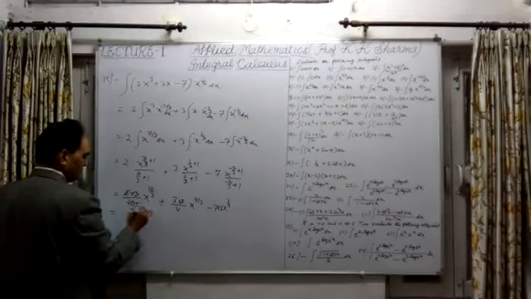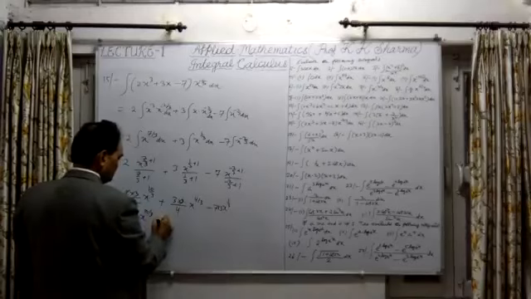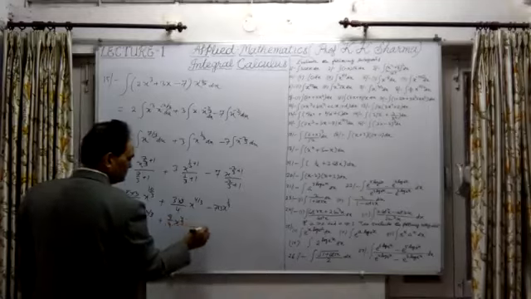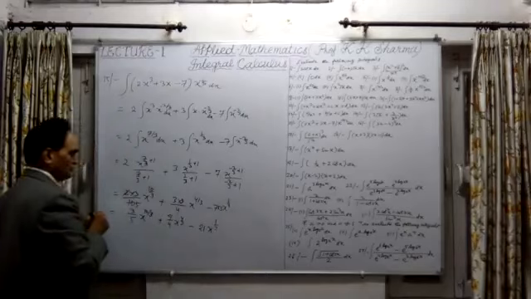Always simplify the fractions. Least fraction we have to write. Plus this is 9 by 4, then we cancel out, actually 4 by 3. Minus 7 3s are 21, 21 actually x to 1 by 3. Final answer here.